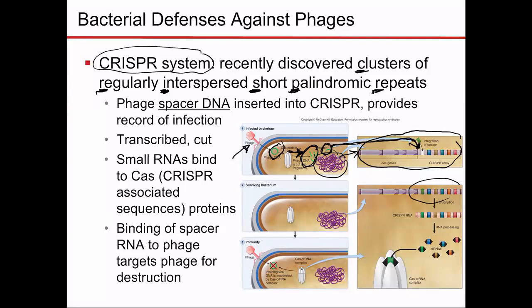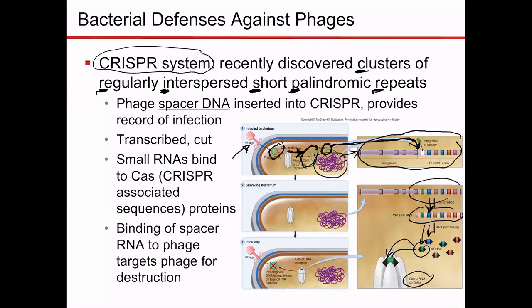And the cell now is able to transcribe those fragments. And that RNA that is produced from the transcription of those fragments of the DNA of previous viruses that tried to infect will be on display on this Cas CRISPR RNA complex.